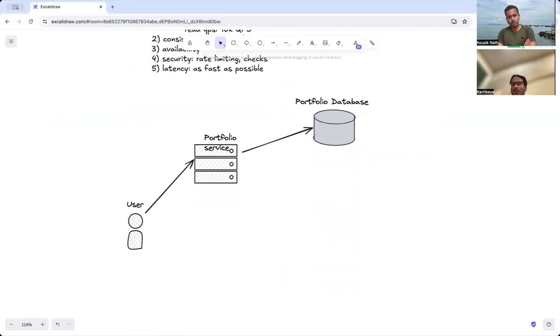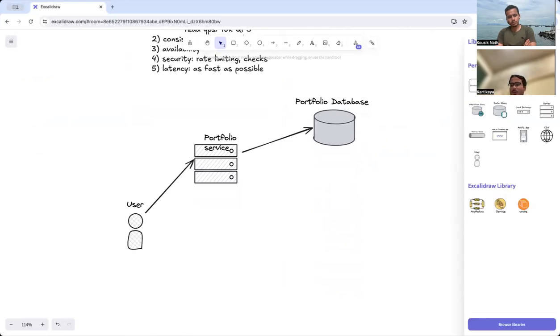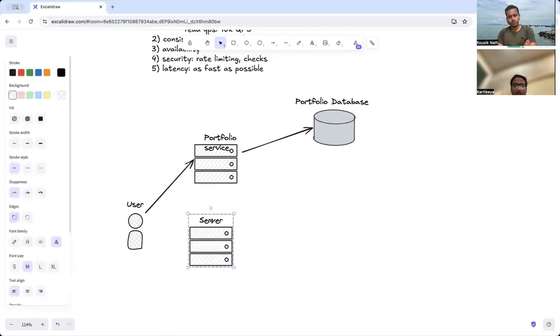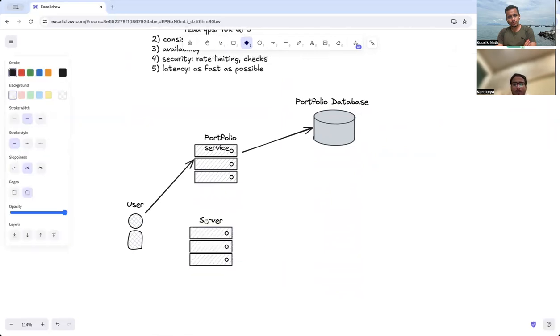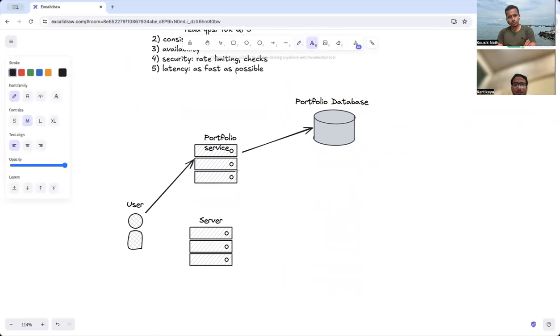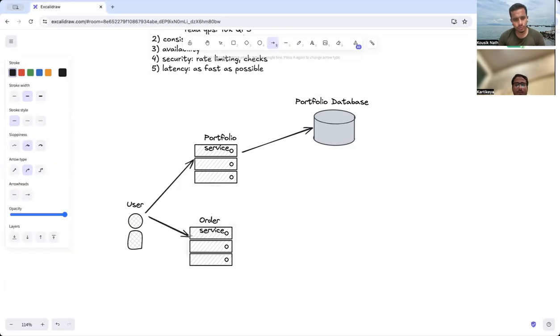So let's say we have an order service, and if a user wants to place an order, then the user makes a call to the order service.